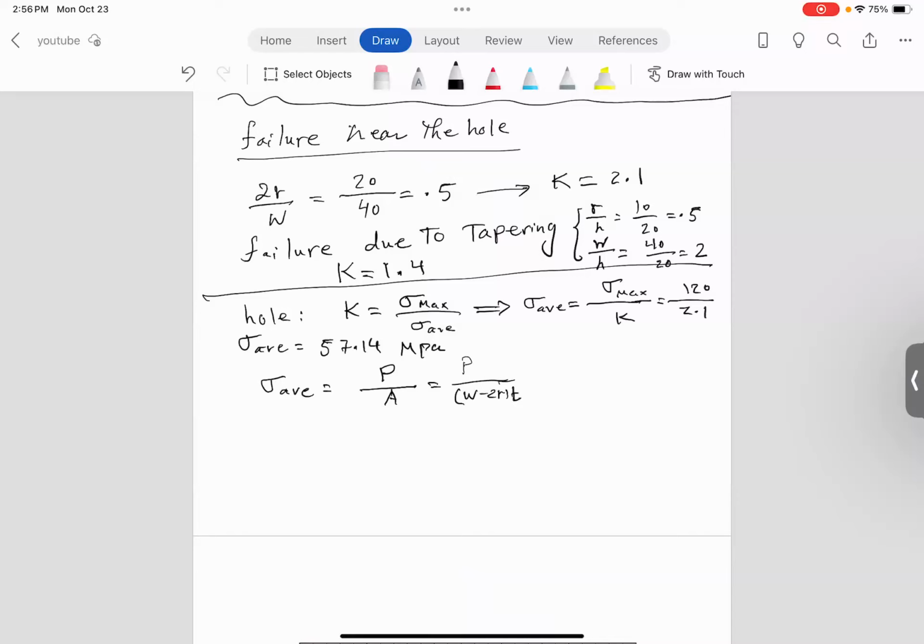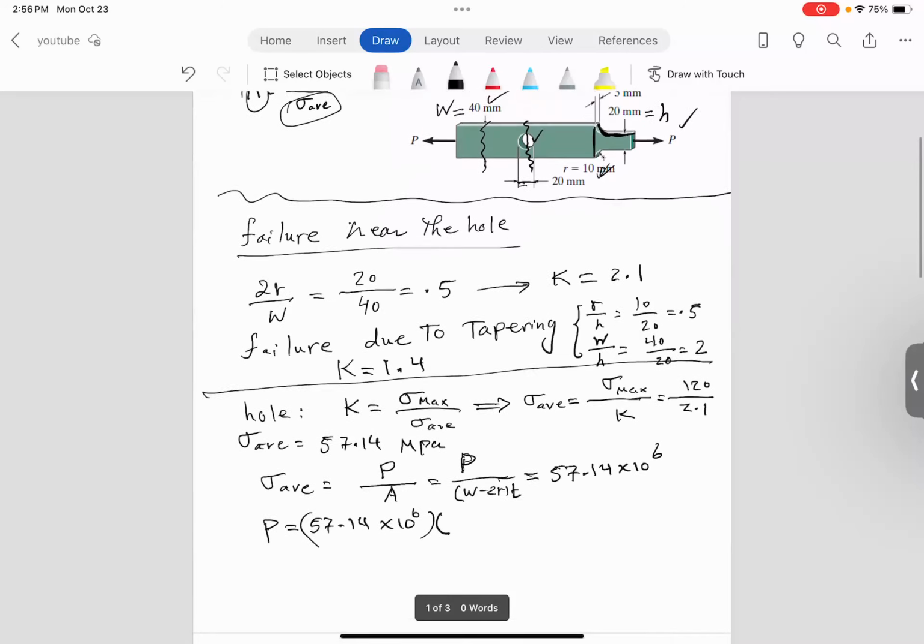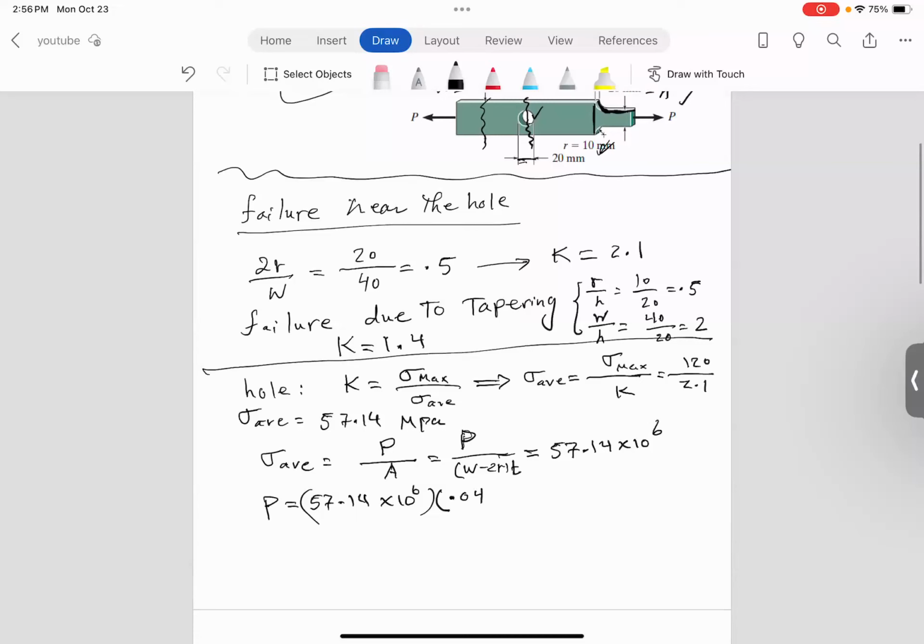So if you go ahead and solve for P, remember this is 57.14 megapascal, which means 10 to the power 6. So P becomes 57.14 times 10 to the 6 times the area. W is 0.40 meters. R is 2 millimeters, right? 20 millimeters rather, sorry. And the thickness is 5 millimeters.